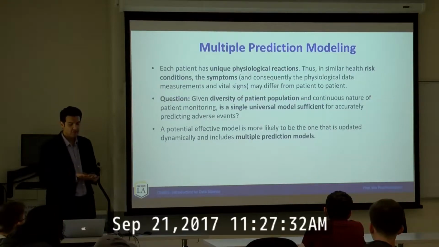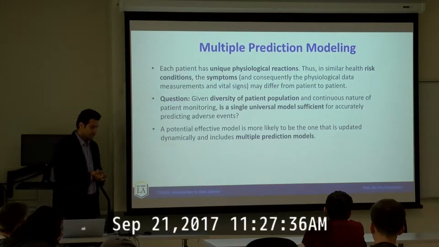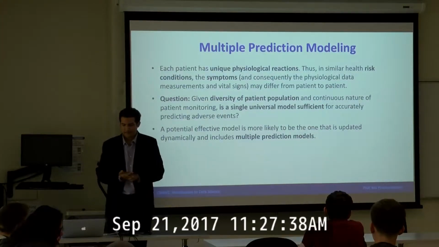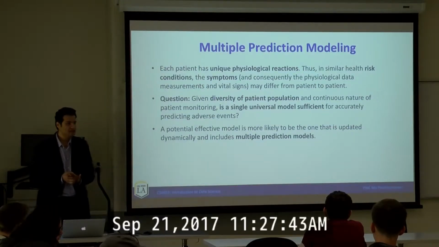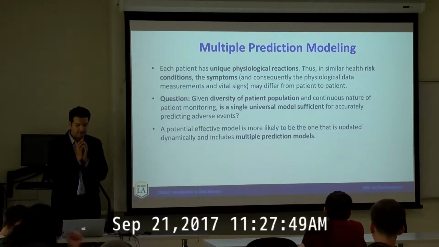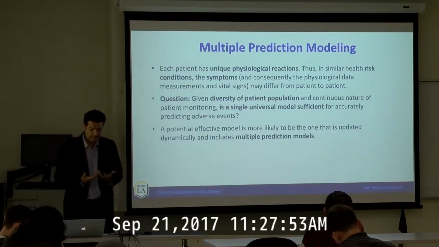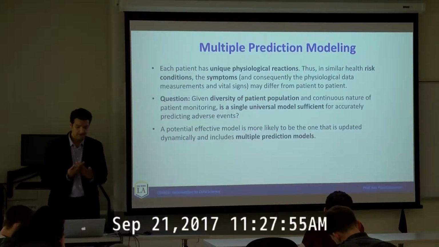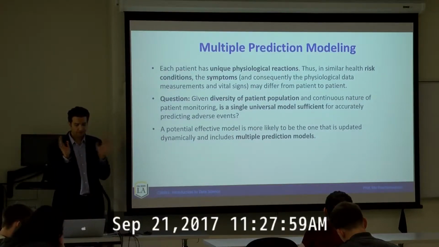So one idea was multiple prediction modeling. Each patient has a unique physiological reaction. In a similar health risk condition, the symptoms and consequently the physiological data, the vital signs that we collect, may differ from patient to patient.